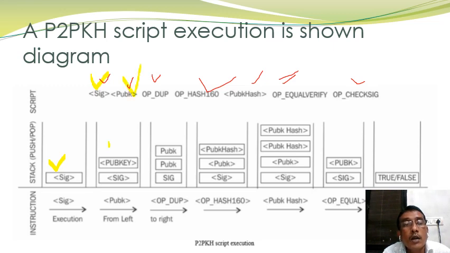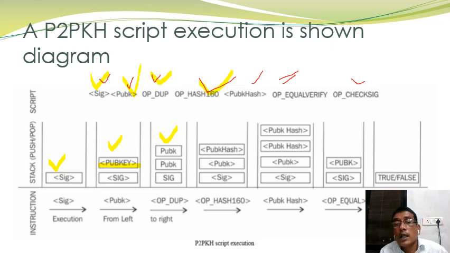Then the duplicate command will duplicate the previous value, so one more value is there on the stack. Then next is hash 160.